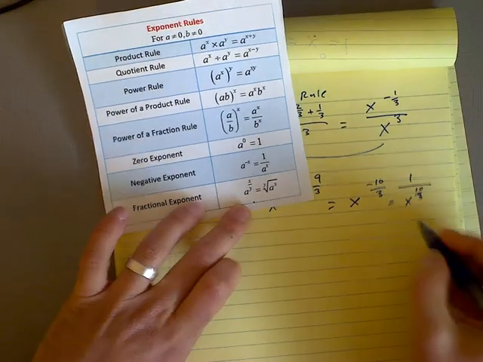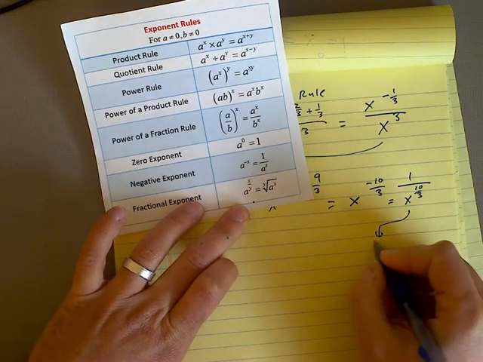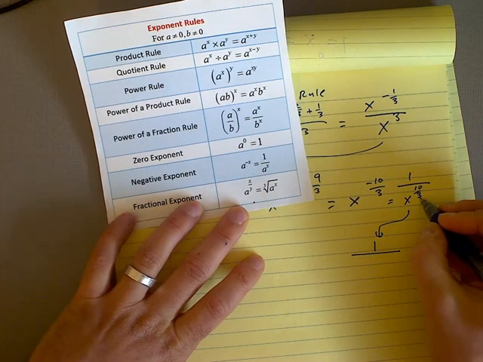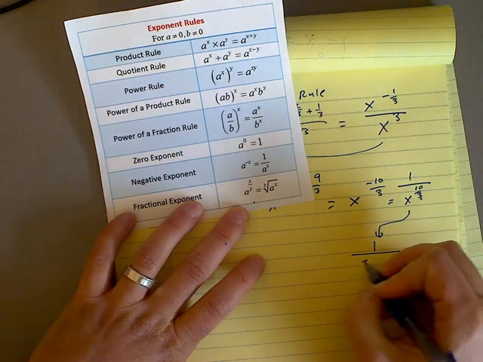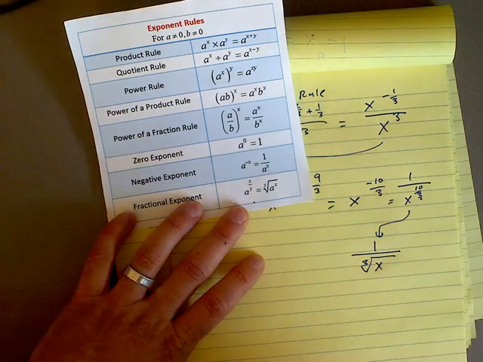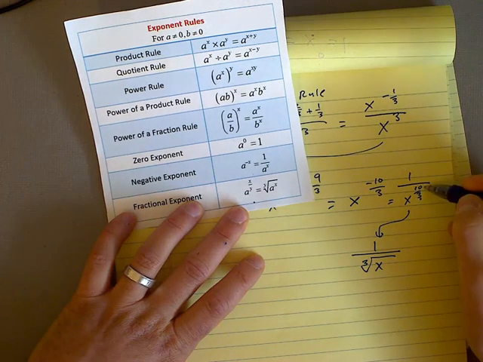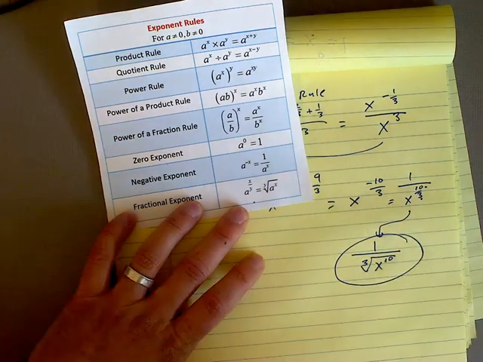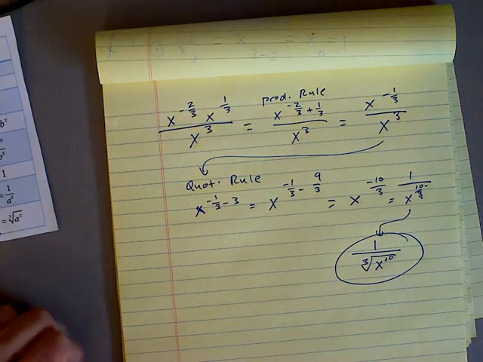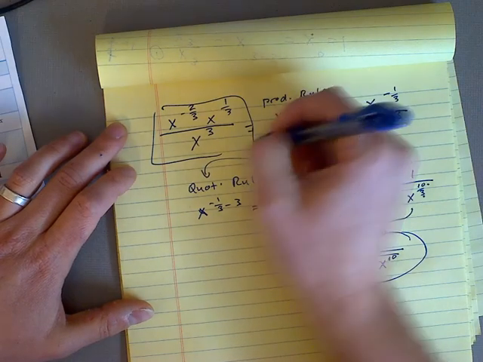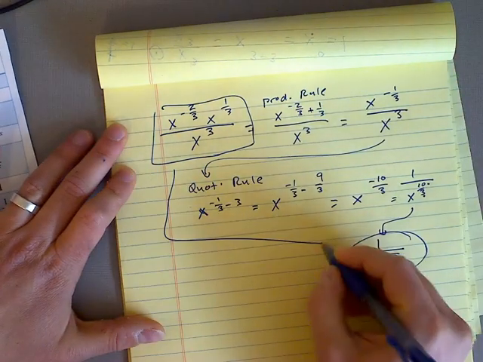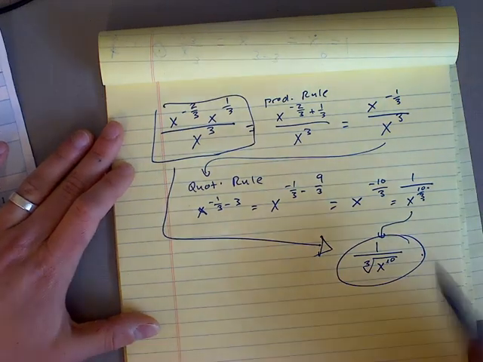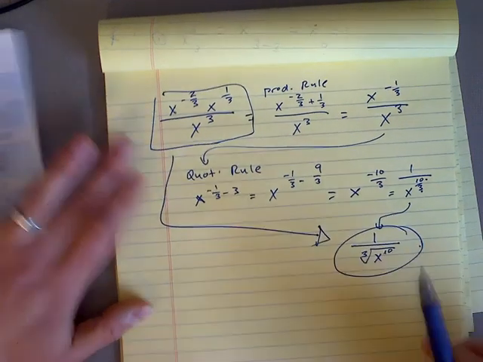So we're going to apply this rule to write it as 1 over... My denominator becomes the index of my radical, so it's going to be a cube root of x, and the numerator becomes the exponent, so 1 over x to the 10th. And now that one is simplified. So starting with this form, we end up with a simplified version of that, which is 1 over the cube root of x to the 10th.